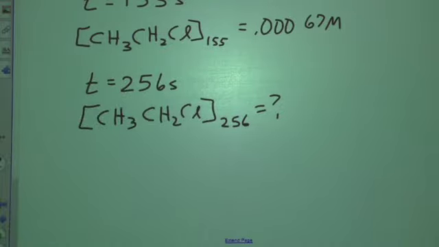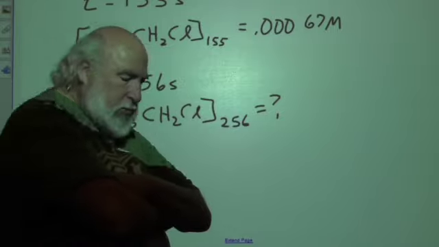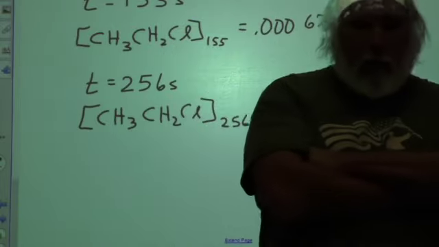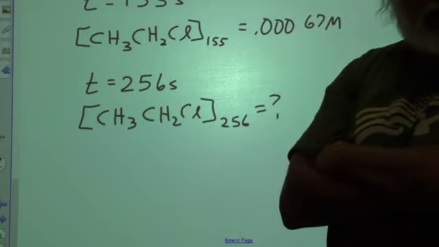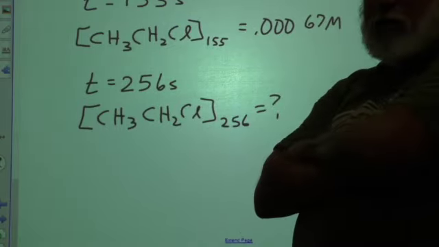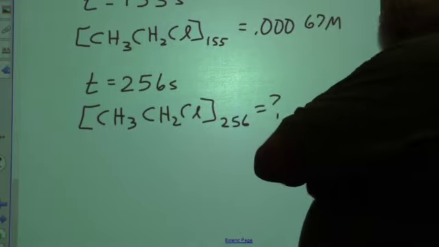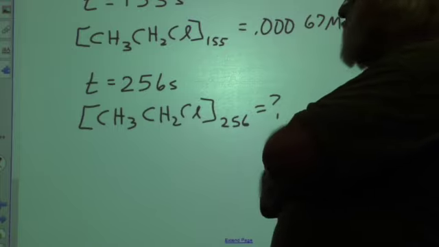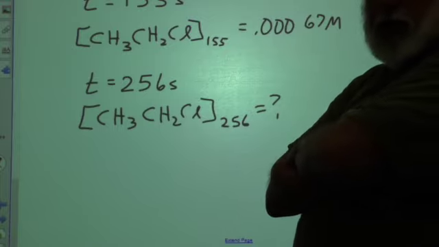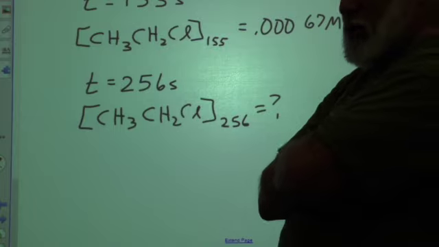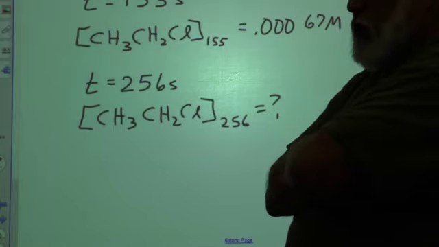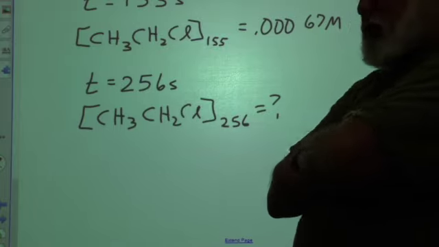Now, in order to solve this problem, we got to figure out something's missing here. What's missing? They give us two scenarios and say this is what it is, and then based upon that, we got to find a concentration at a third time. We got to find that relationship that allows us to do that.